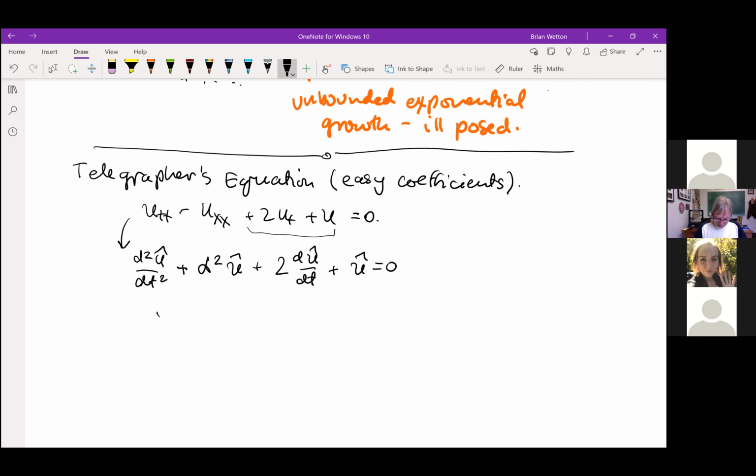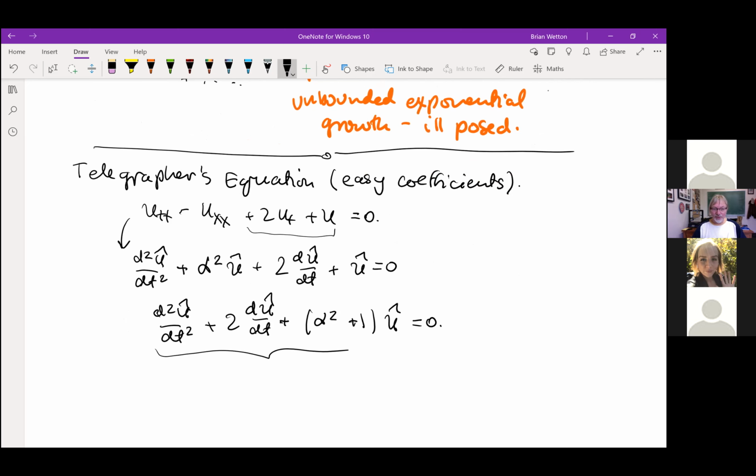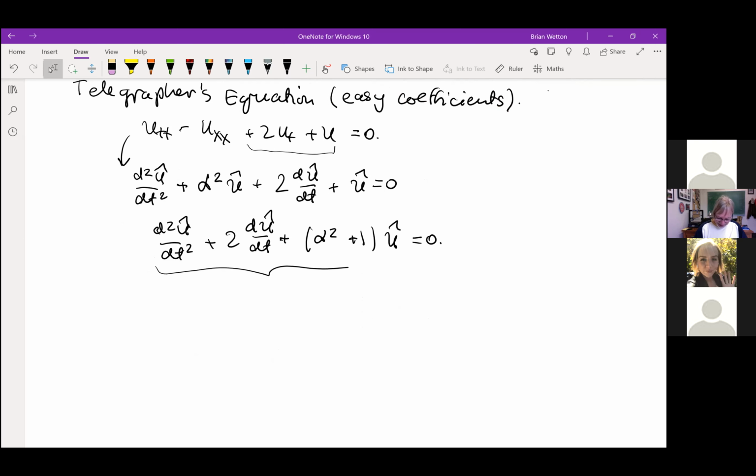So I've got d2u hat dt squared plus 2 du hat dt plus alpha squared plus 1 u hat is equal to 0. Okay, and so, hey, this is a second order constant coefficient ODE, like all the other ones have been. This is not one we can just write down the solutions for. We have to make the trial of e to the rt, leading to the characteristic equation.